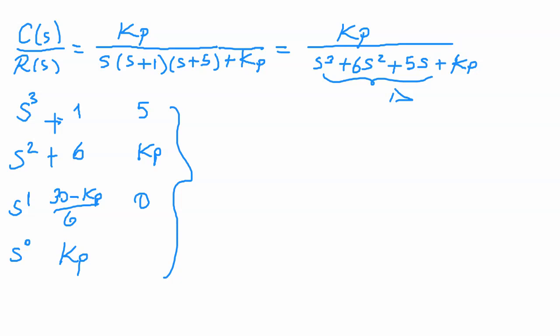Therefore, Kp should be smaller than or equal to, for this case, 30 and greater than 0. Oscillation occurs.